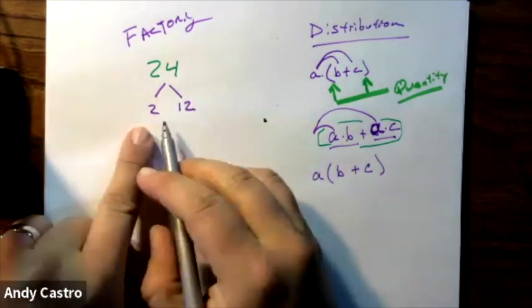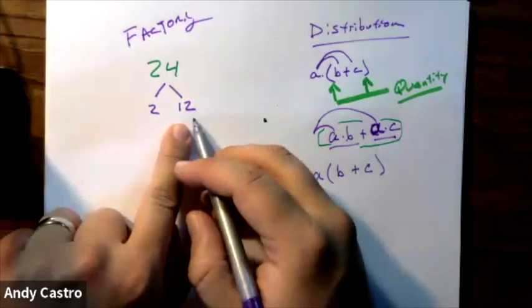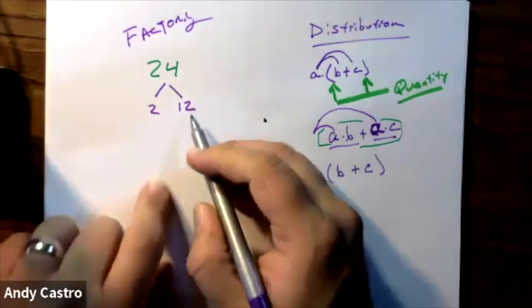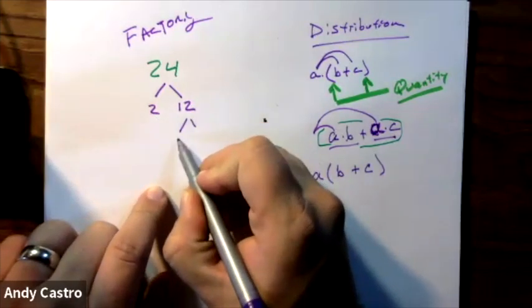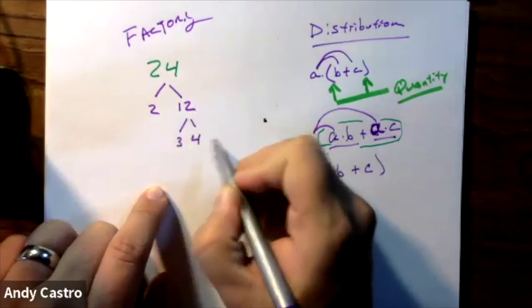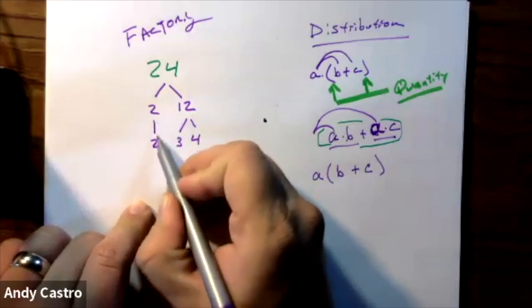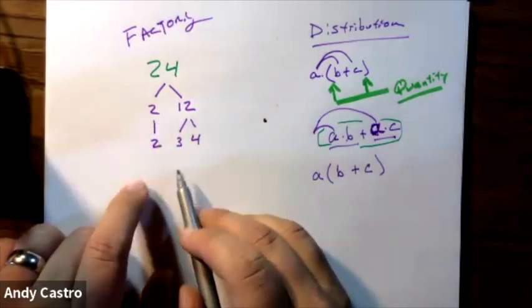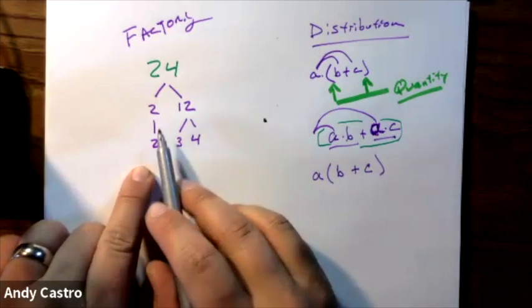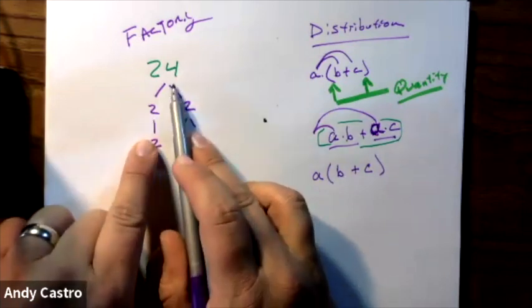Okay. Now, 2 is a prime number. 12 is not. 12 has factors within it. We can factor that down to, let's say, 3 and 4. You could also do 2 and 6, either way. And I'm going to bring that 2 down. Now, what I have is, if we go here, 2 times 12 is 24.